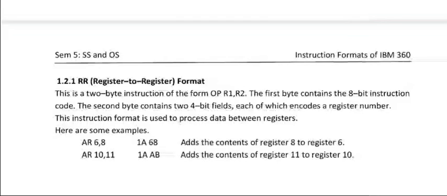This instruction format is used to process data between 2 registers. So in this example AR 6, 8, it adds the contents of register 8 to register 6. Similarly AR 10, 11 adds the contents of register 11 to register 10.